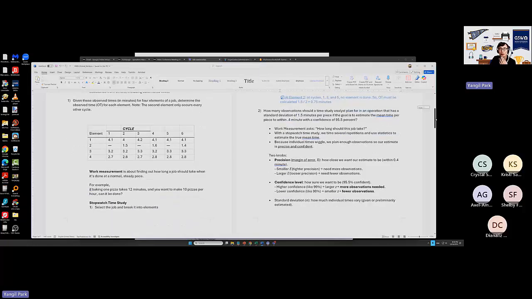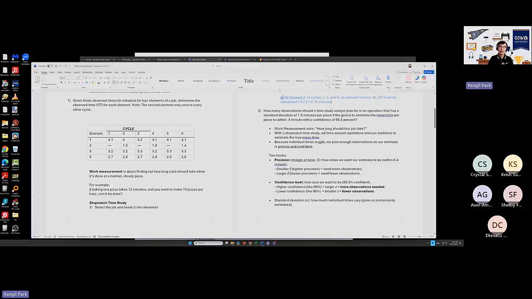Question number 2. This is what I was talking about. We're going to use the normal distribution because it introduces margin of error and confidence level, and assumes our samples are normally distributed. That's where they come from.